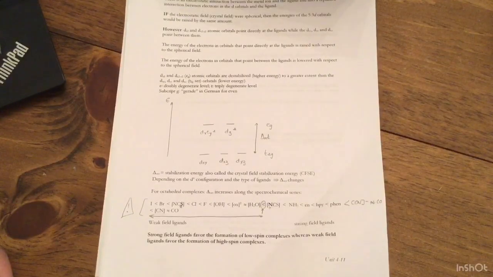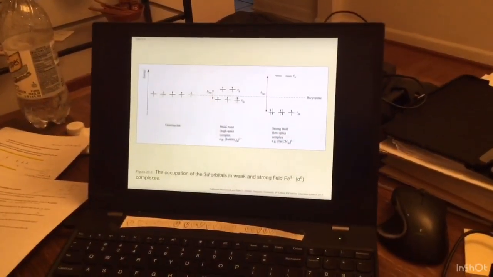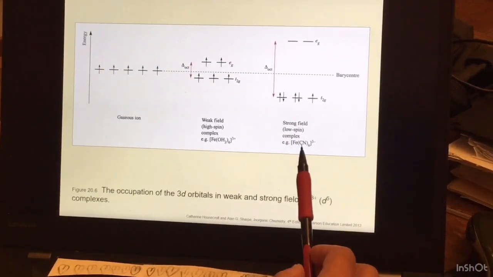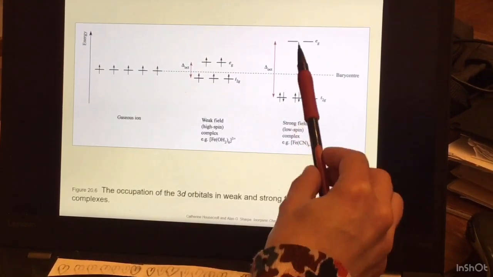So strong field ligands favor low spin complexes, which means there's a large delta oct, so the two sets of d orbitals are really far apart in energy. For example, cyanide is a strong field ligand, so here we have a large delta oct.